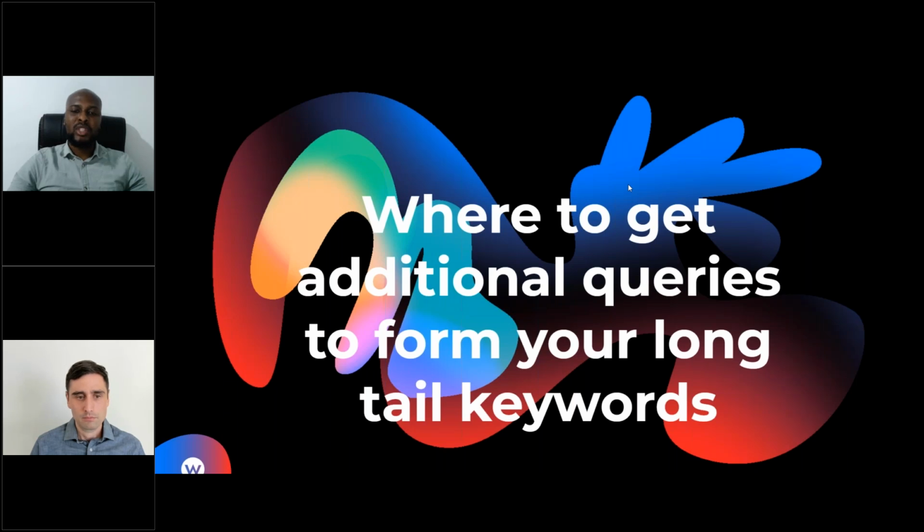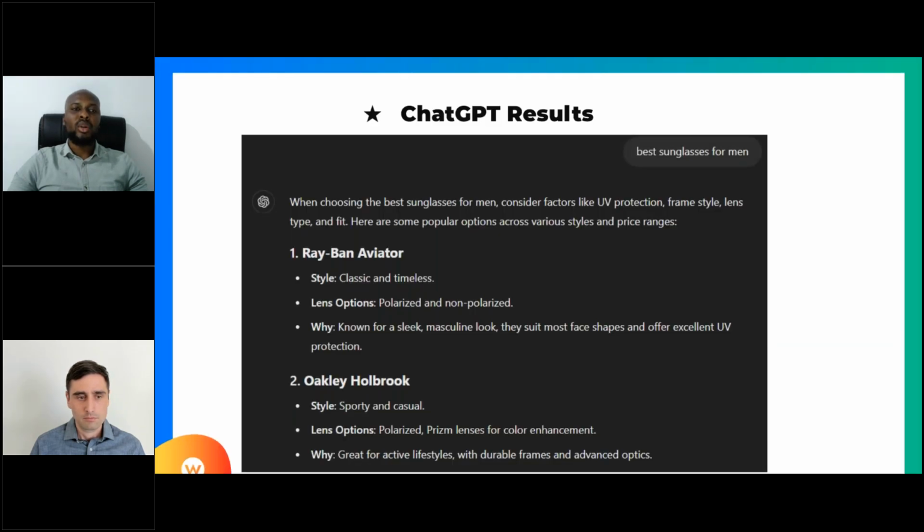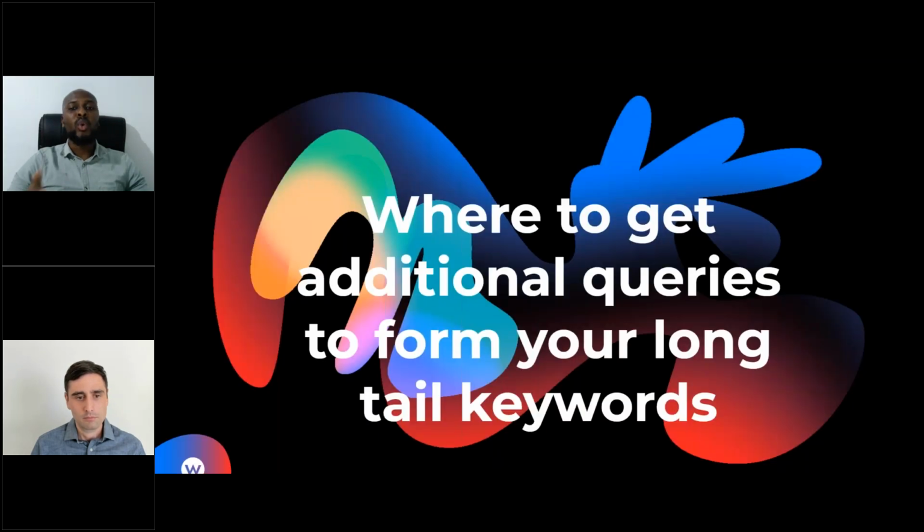But that begs the question, where do you get the additional queries to inform your long tail keywords? Because clearly optimizing your content for best sunglasses for men, or really short tail keywords related to your content, is not always going to work. So how do you know what queries to optimize for?